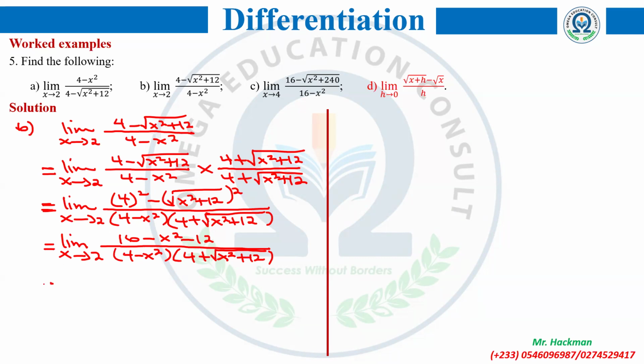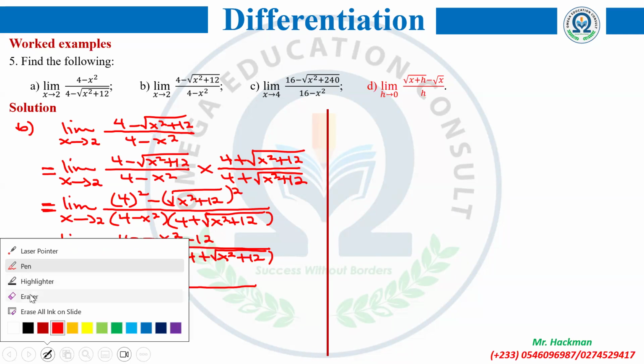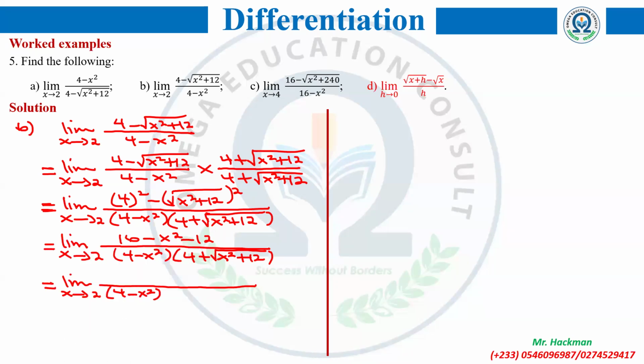So this will be equal to, I keep the limit as s approaches 2, then my denominator again will be intact. And that will be 4 minus, oops, s squared. Let me clear that. I almost wrote plus. So 4 minus s squared in one bracket.